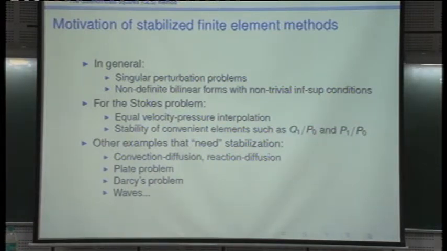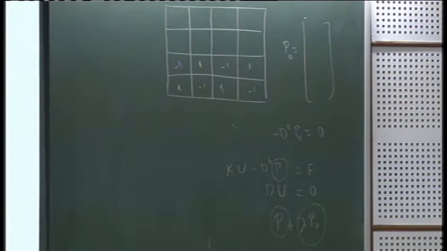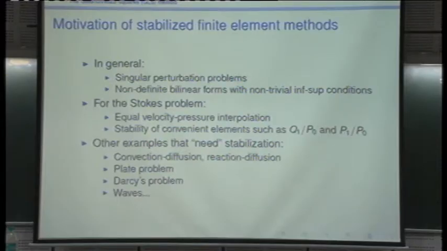So for example, Q1P0, that's the element I was mentioning, for regular meshes is not stable. So we may insist on using that, for any reason. Okay, maybe because you like discontinuous pressures, which is a piecewise constant. And for example, one element that is very nice but absolutely unstable is the P1P0.